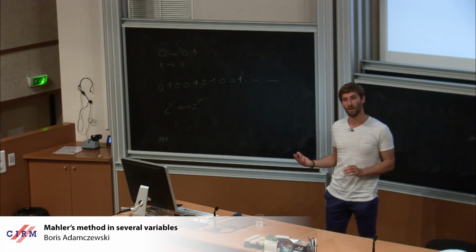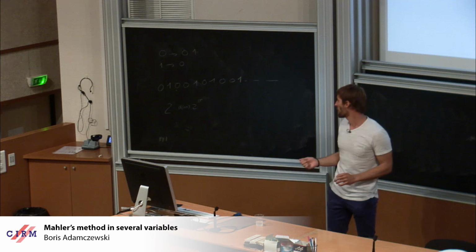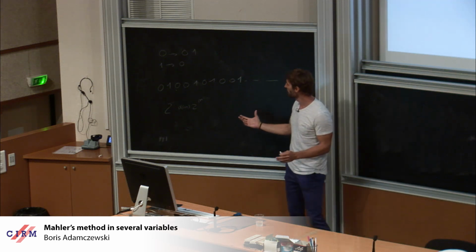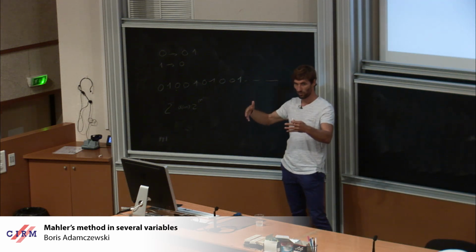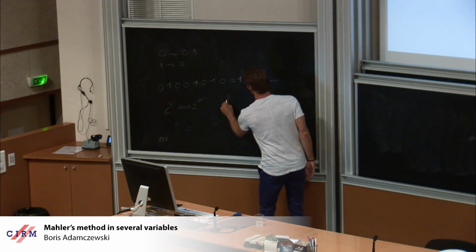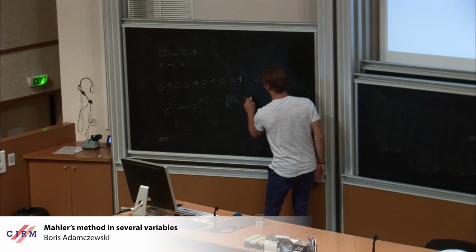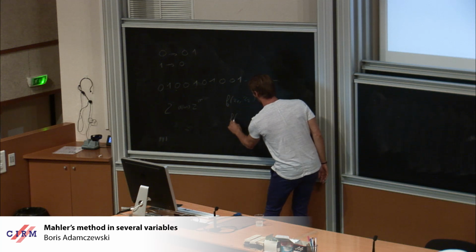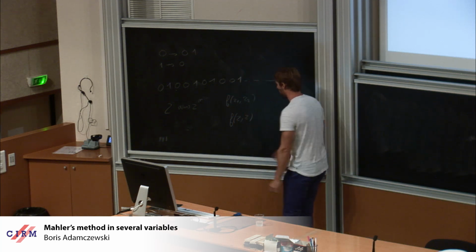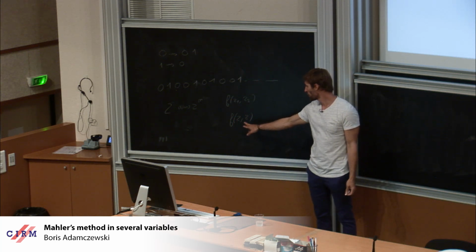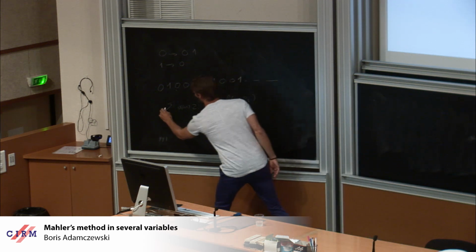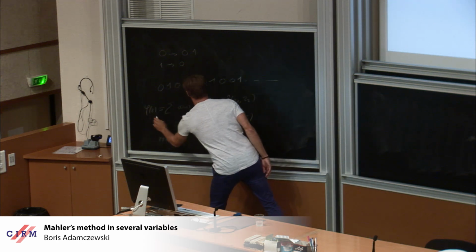But it is a two-variable Mahler function. You can start with a two-variable Mahler function f of z1, z2, such that if you specialize at z, z, you will get your function phi of z.